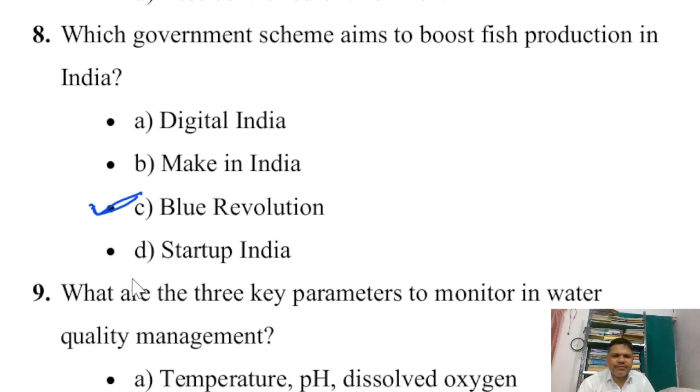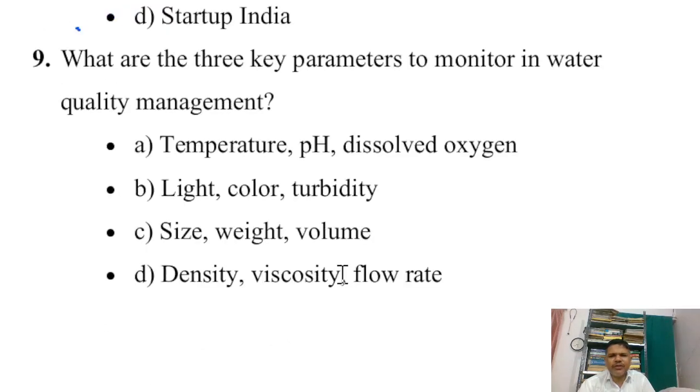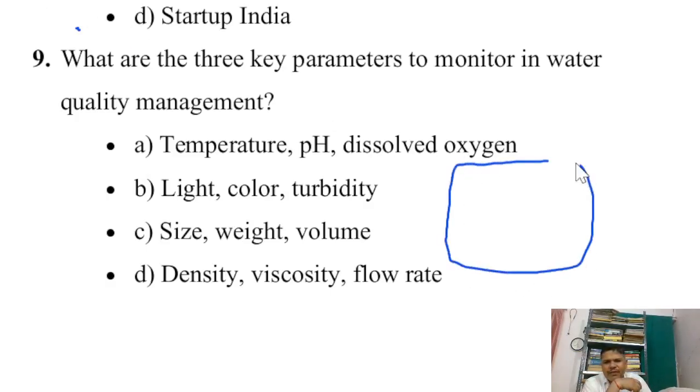Now next question: what are the 3 key parameters to monitor in water quality management? During aquaculture activity, what are the 3 characteristics which we have to monitor regularly while performing aquaculture activity?